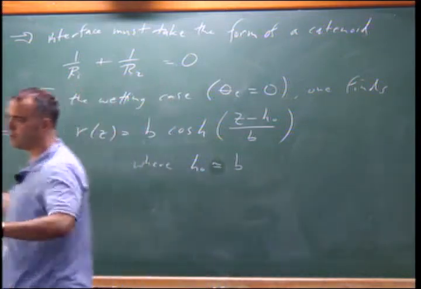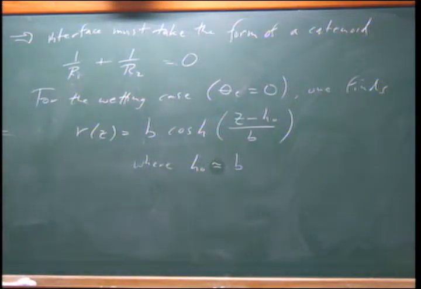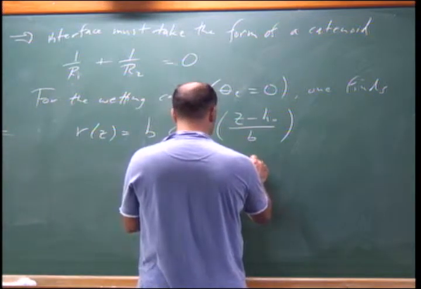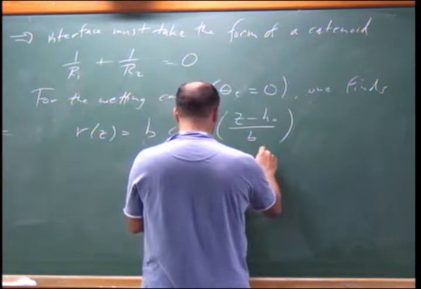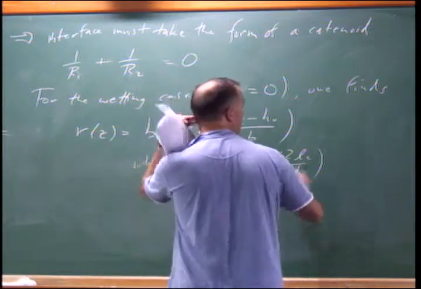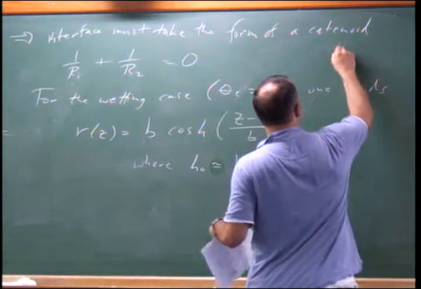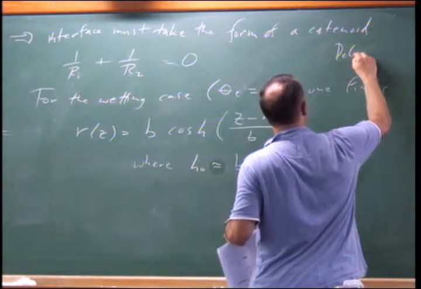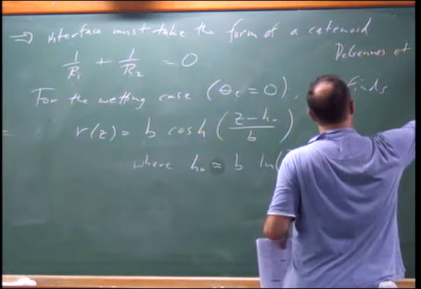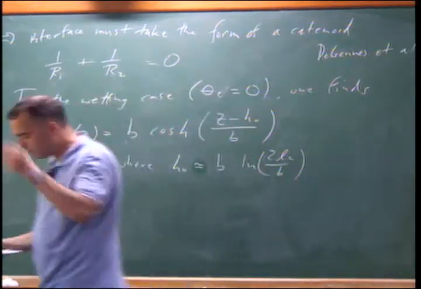So in the far field, gravity will cut off this form to 2 LC over B. This is in de Gennes' book, a text which I mentioned at the beginning of the class.